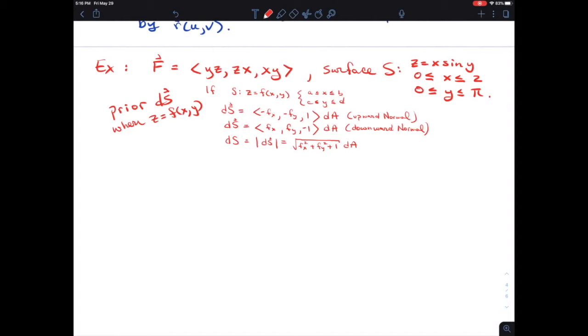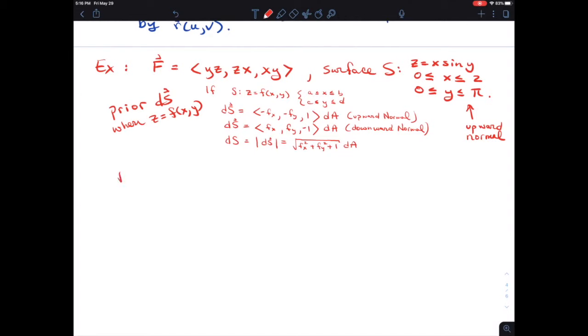Now I need to know whether this normal is upward or downward. Looking at my notes, it says we want an upward normal on this surface, which means we need to pick the dS from our prior discussion that has the upward normal.